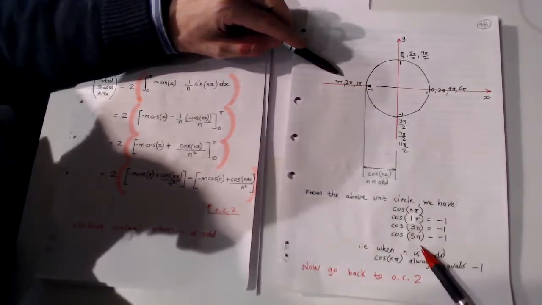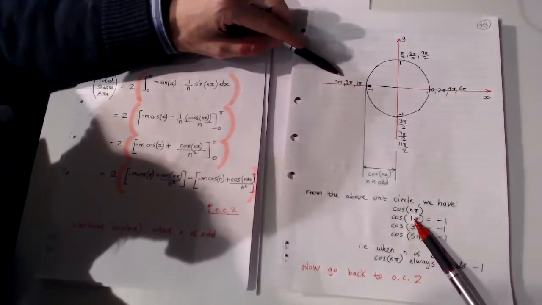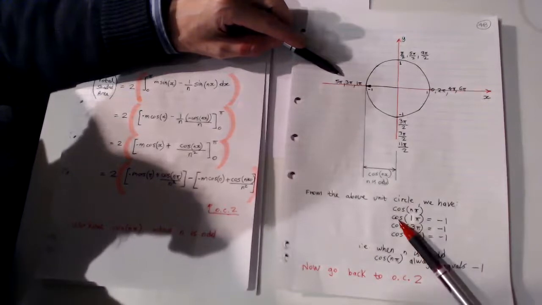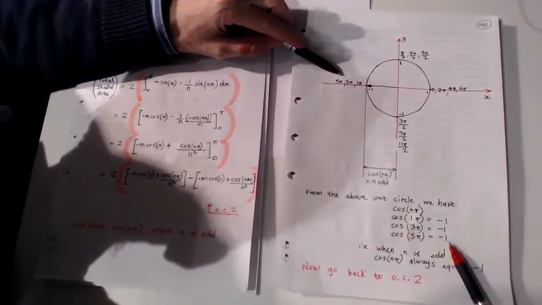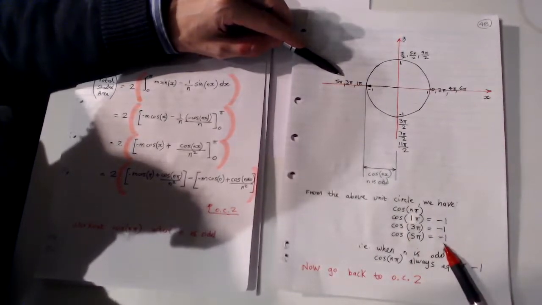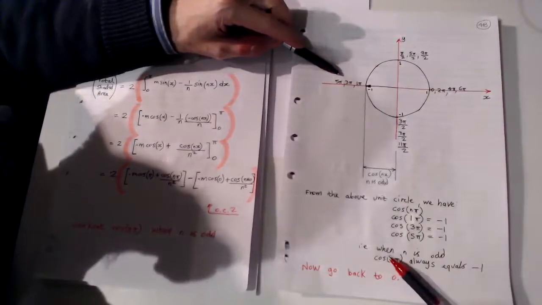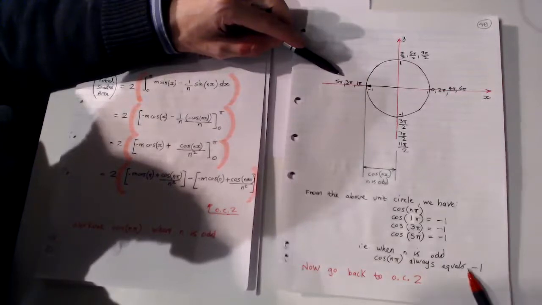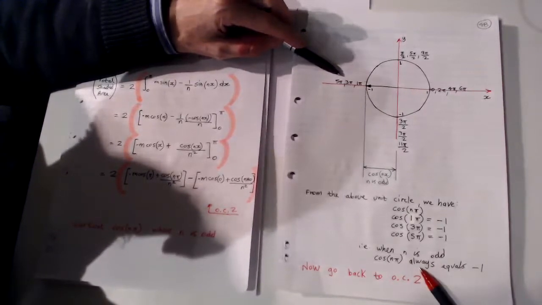So from all that, we can see that when n is odd, cos n pi is always -1. And that's why I say here, when n is odd, cos n pi is always equal to -1.